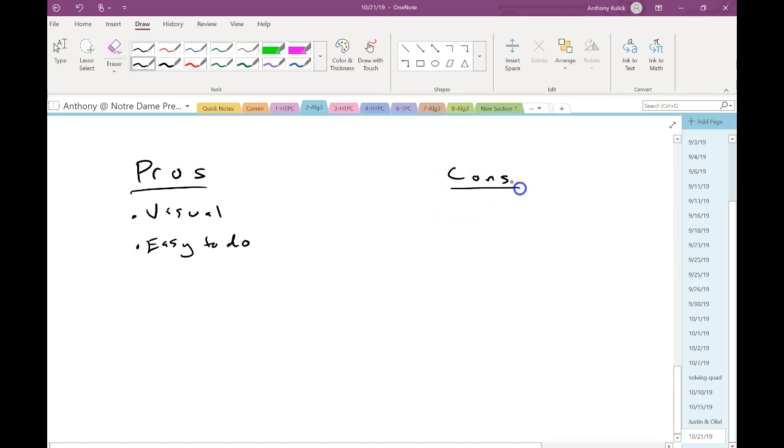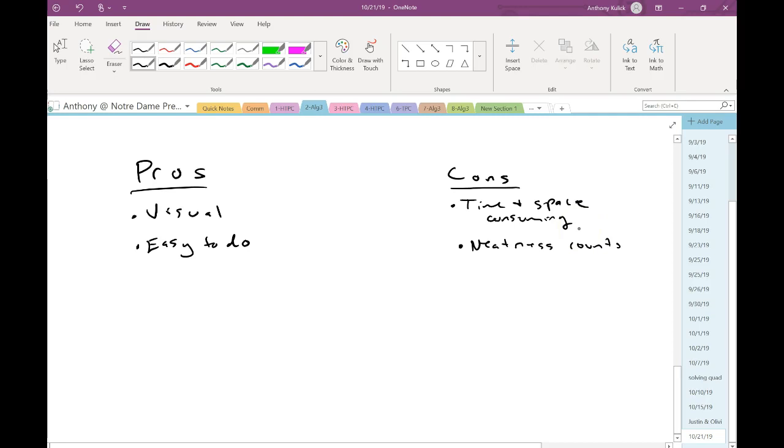Well, let's think about some cons. Well, it's a little time and space consuming, right? To draw a graph for 2 lines, it takes a little bit of time and effort to kind of do that, especially considering that neatness counts here, right?